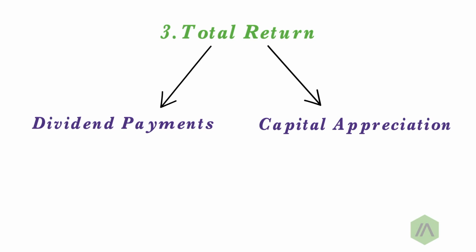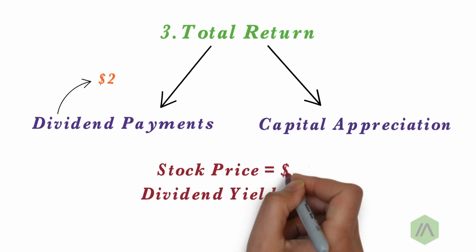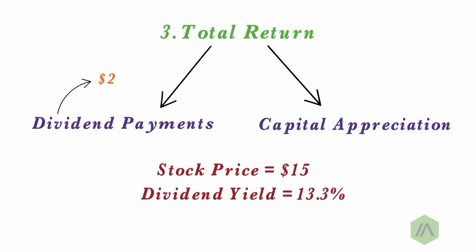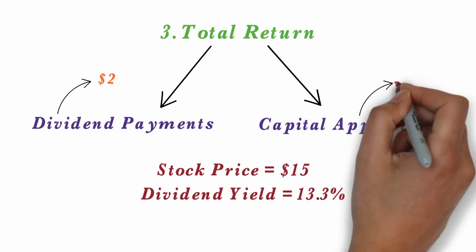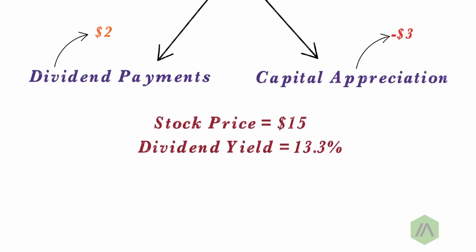To understand this, let's say you have invested in a stock at $20 that pays $2 per share as dividend. The stock's dividend yield works out to be 10%. If at the end of the year the stock price plummets to $15, the dividend yield would become 13.3%, whereas in reality you would have lost $3 per share, or 15% of your investment. So the total return will calculate your returns from both dividends and capital appreciation.